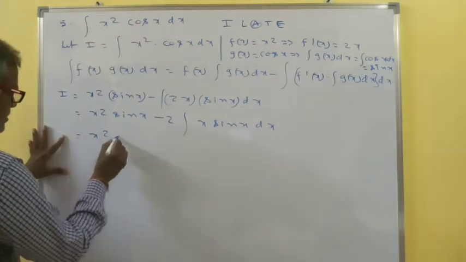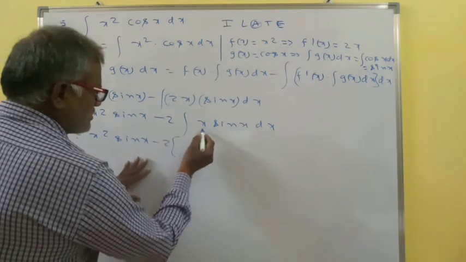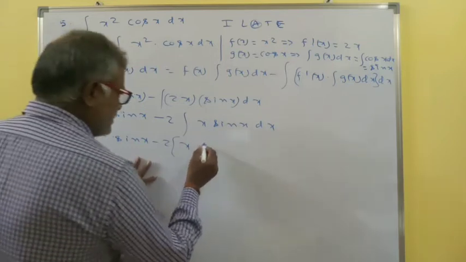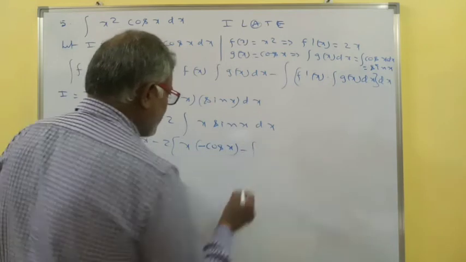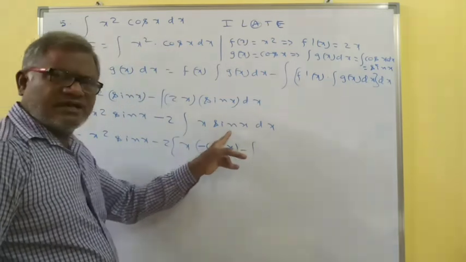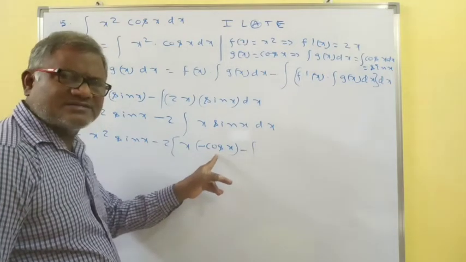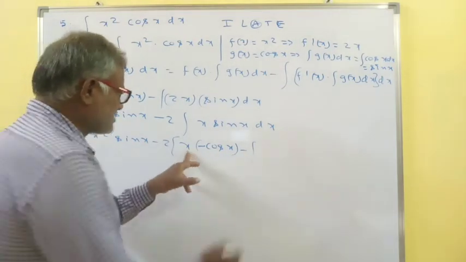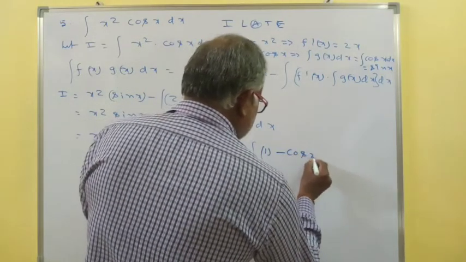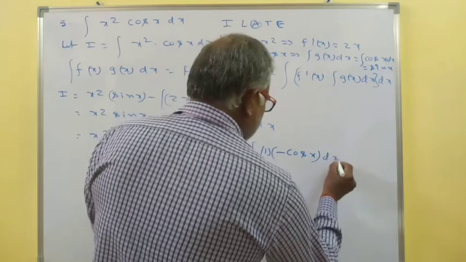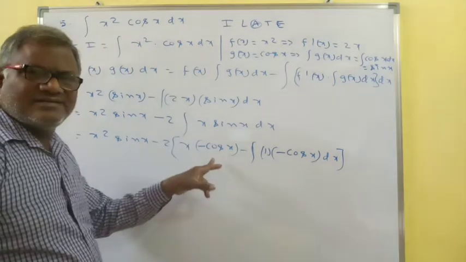So x square sin x minus 2 into, first function x into integral of second function sin x, which is minus cos x, minus integral of derivative of first function 1 into minus cos x dx. Okay. Directly you can evaluate.